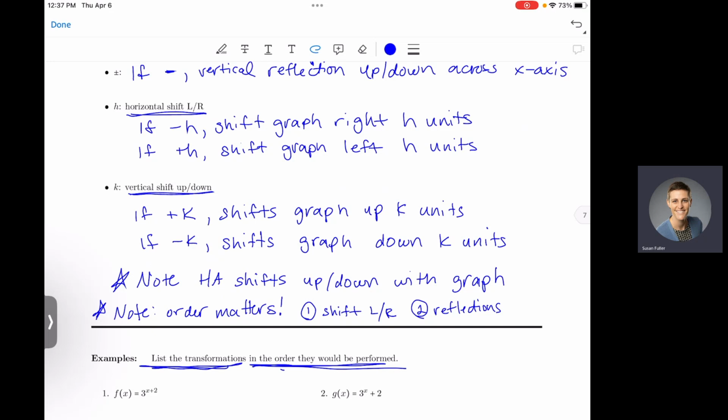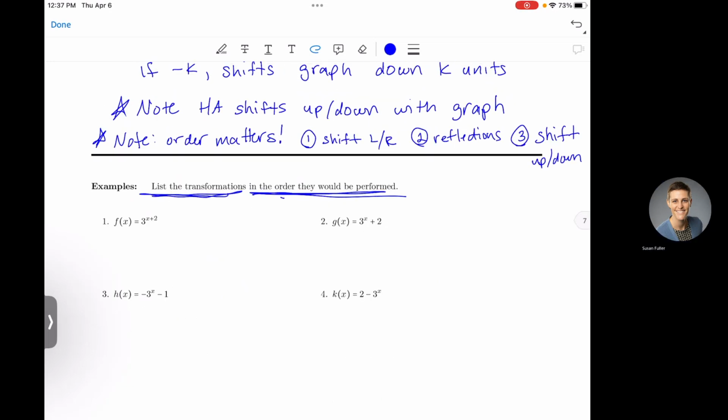If you have to flip this thing upside down, after you move left and right is the time to do it. And the very last thing that you are going to do is your vertical shifting, where you shift this thing up and down. That's going to be your last step. Horizontal shifting first, vertical shifting last.